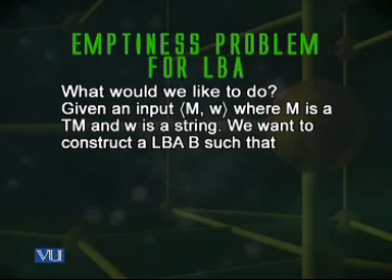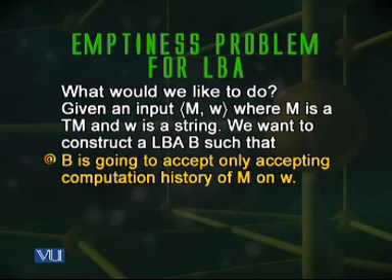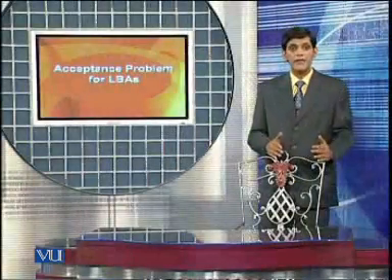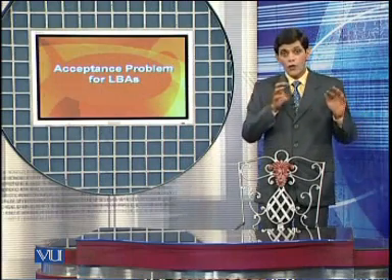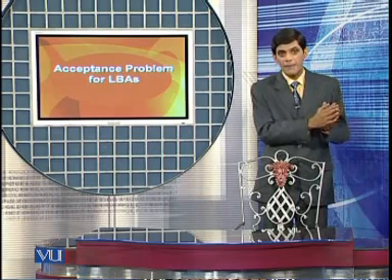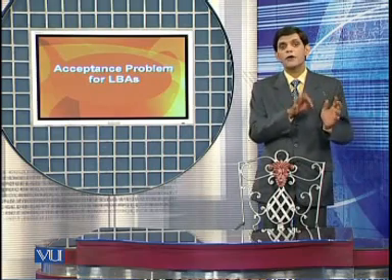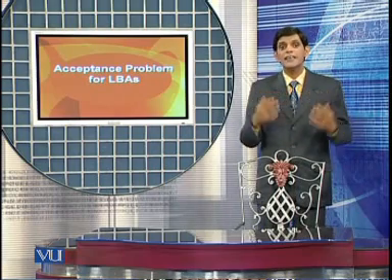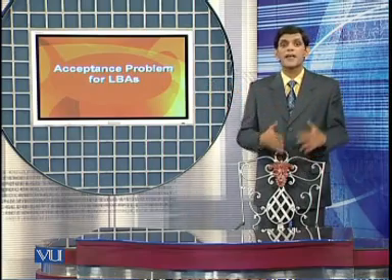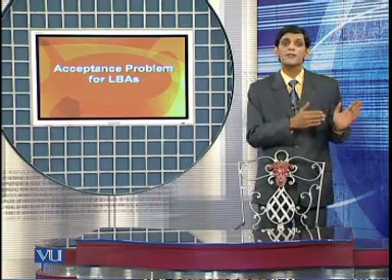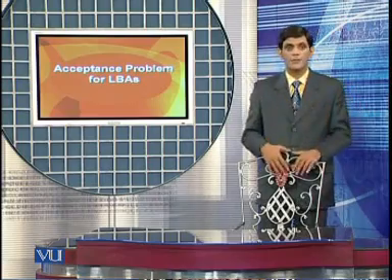We want to construct an LBA B such that B is going to accept only the accepting computation history of M on w. So, given an input M, which is a Turing machine, and w, we would look at the Turing machine M and the string w, and from there construct a linear bounded automata B. This B will only accept accepting computation histories of M on w.